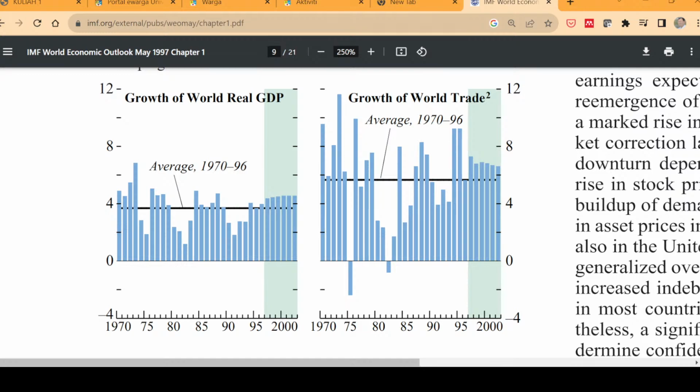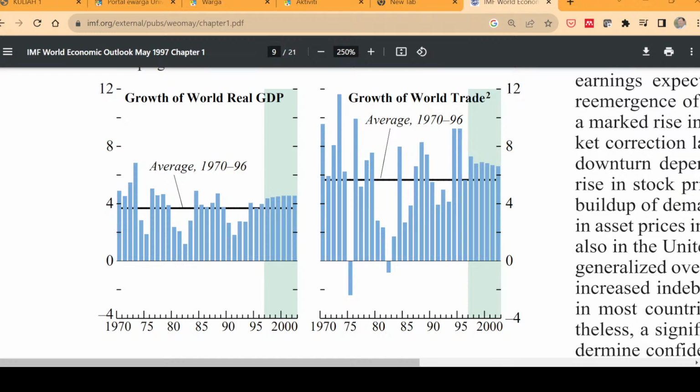first. Trade is the engine of economic growth. More trade, more growth. Higher international trade growth rate, the world economy will expand, will become higher.